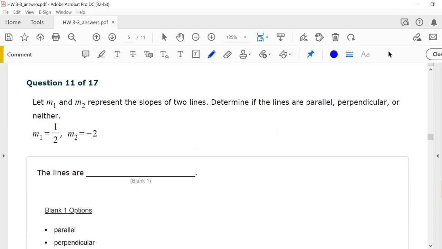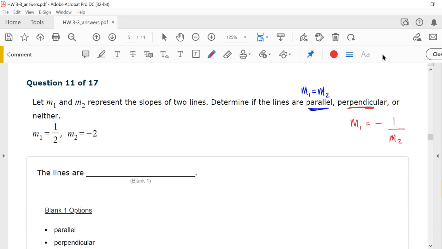All right, let M1 and M2 represent slopes of two lines. Determine if the lines are parallel, perpendicular, or neither. Okay, for parallel, they have to be the same slope. M1 would have to equal M2, right, to be parallel. To be perpendicular, M1 would have to equal negative 1 over M2.